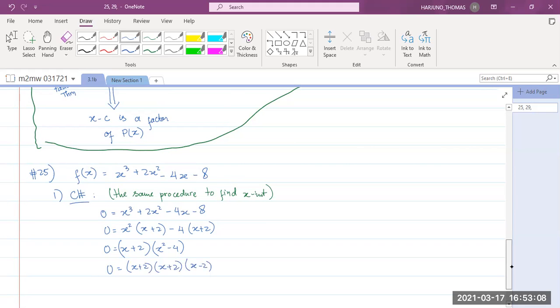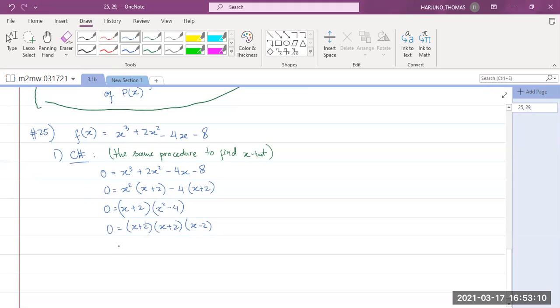For the sake of completeness, let me write it as (x plus 2) squared times (x minus 2). Now from here we see that the zeros of this function are x equals -2 with multiplicity of 2.